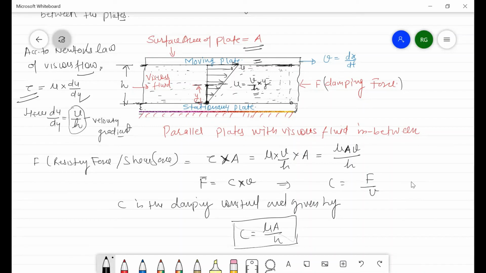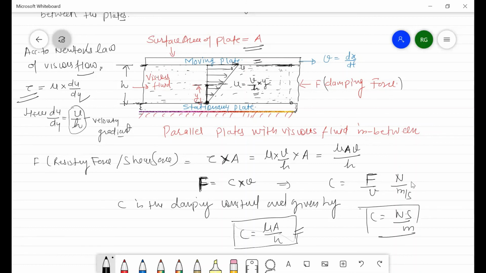F is in Newton, right? And velocity is in meter per second. So the unit of damping constant C is Newton second per meter. So this is the damping constant C, and this is the resisting force because of the viscosity of the fluid, or we can say the damping force or resisting force on the moving plate.